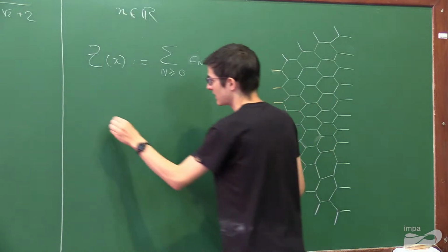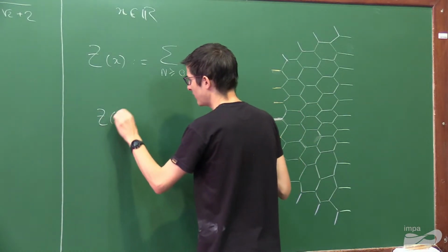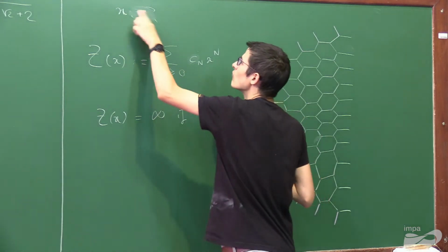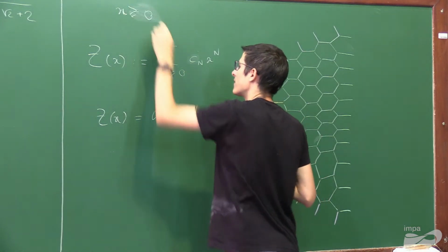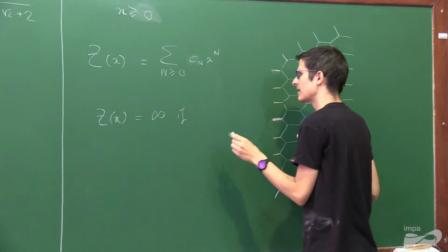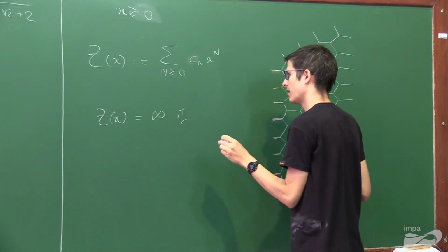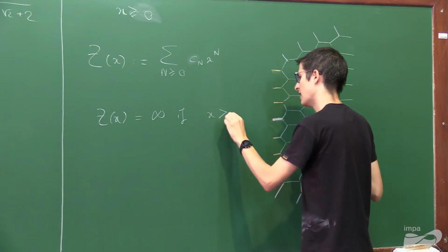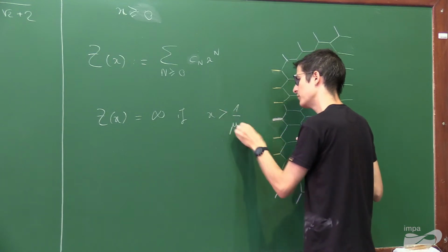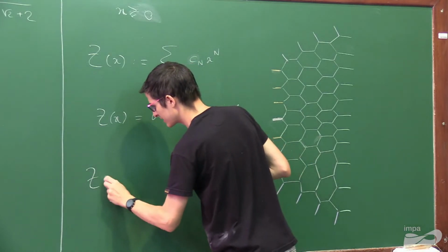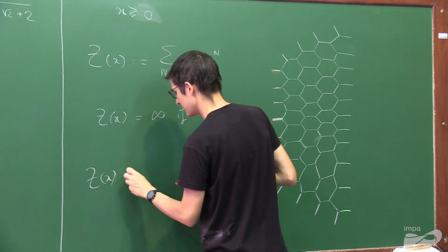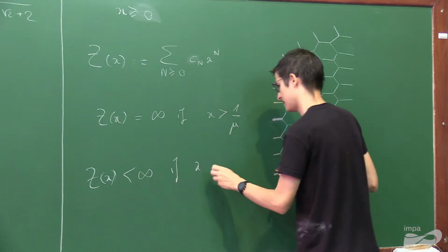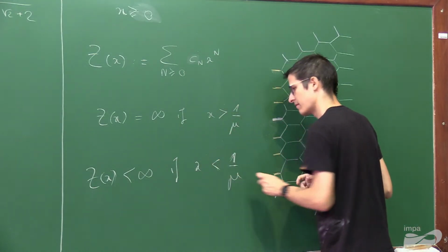What you have is that Z of x is equal to infinity if x is larger than mu, and that Z of x is finite if x is smaller than mu.